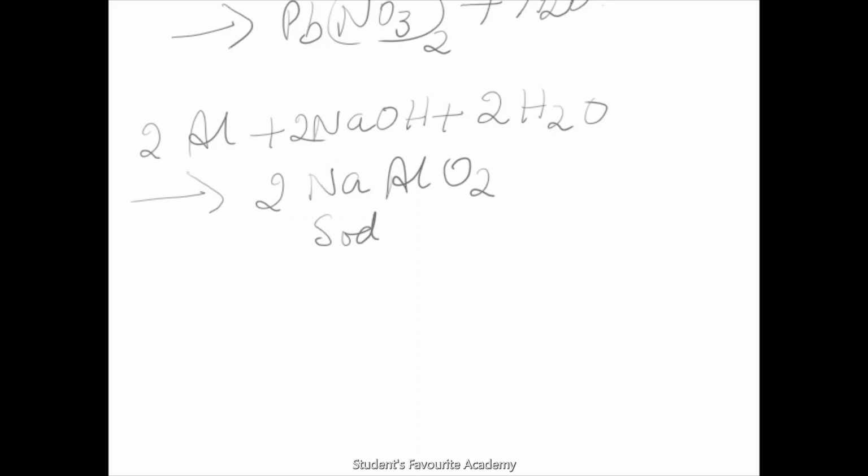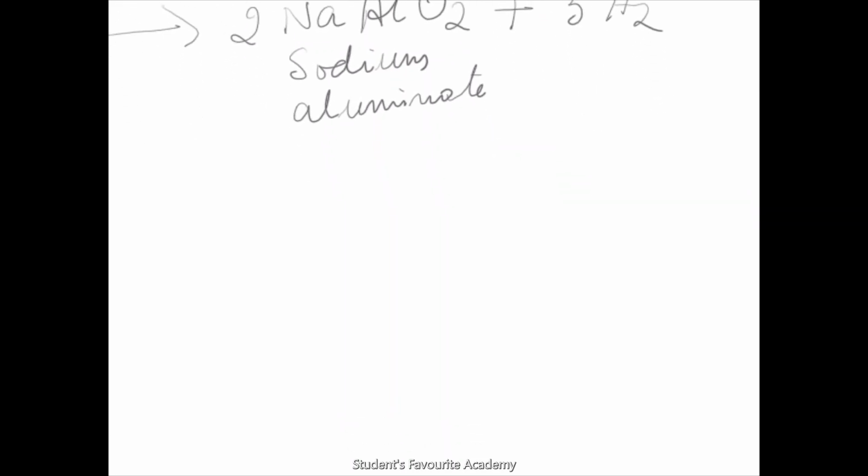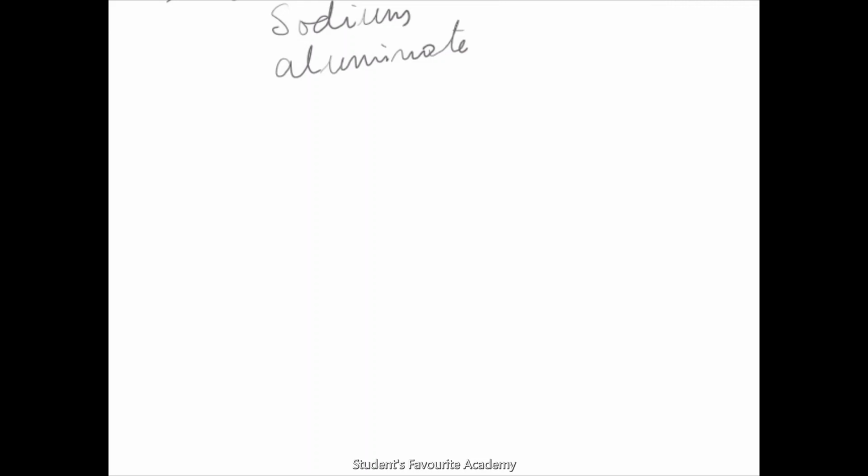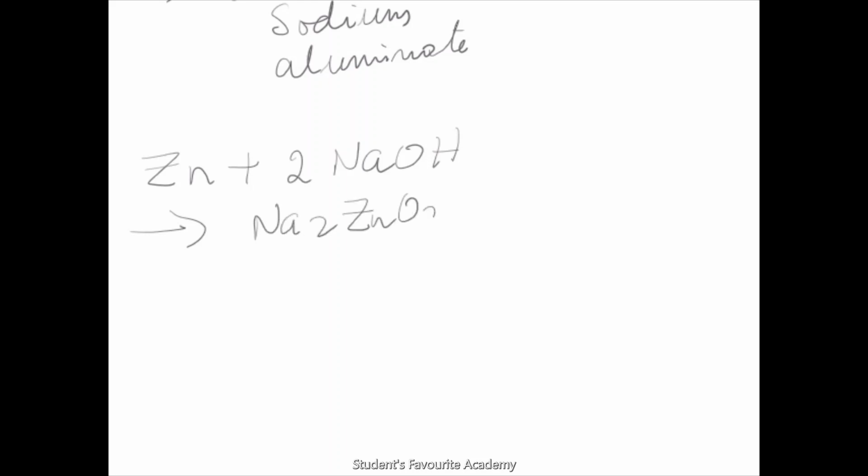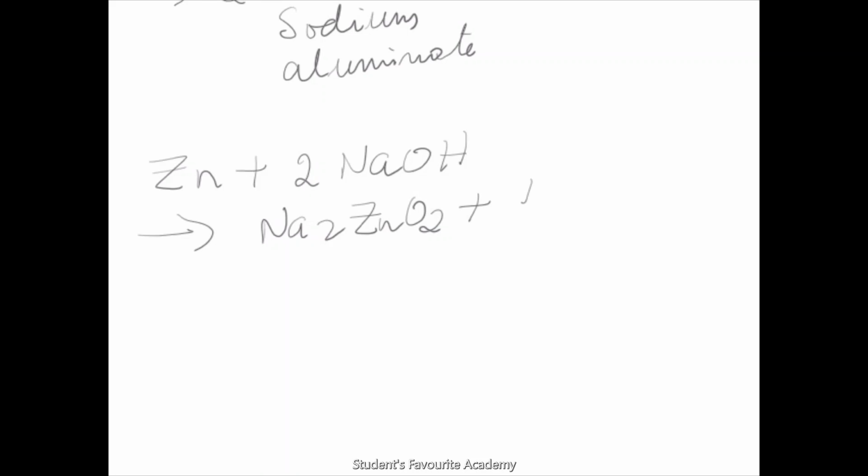This is called sodium aluminate. This also is very important for writing the chemical formula. Plus hydrogen. Also, when zinc reacts with sodium hydroxide, you get sodium zincate, Na2ZnO2, plus H2. This is sodium zincate.